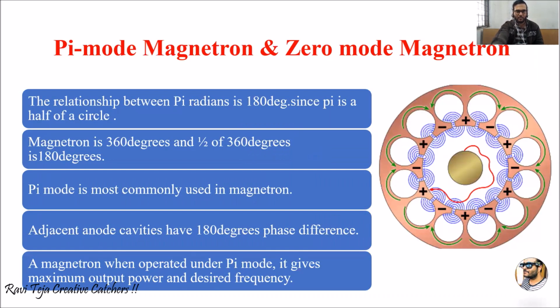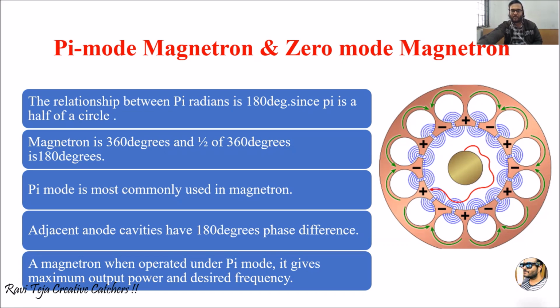Coming back to the pi mode magnetron, again I will point it out. Pi in degrees is 180 degrees. The whole magnetron comprises a circular shape of 360 degrees, and pi is 180 degrees, which is half of the whole magnetron.